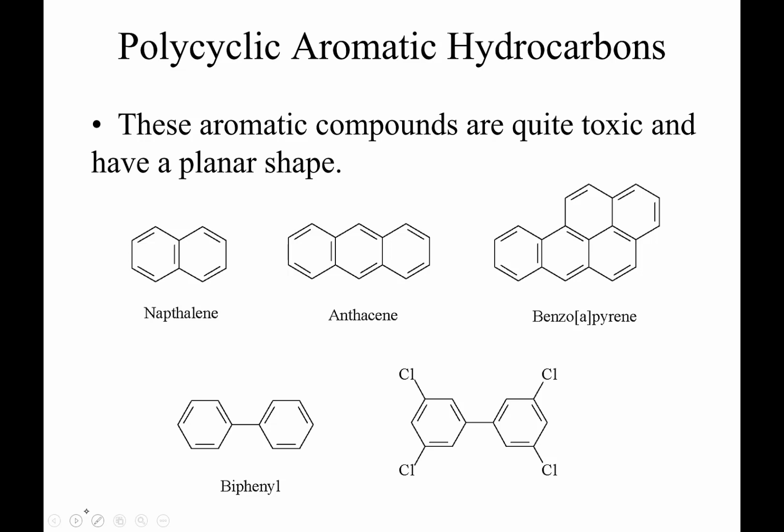So this first one is naphthalene. That can be used as mothballs. Sometimes you'll find that. Anthracene has 3 rings fused. If you've ever heard of anthracite coal, that's where that term comes from.